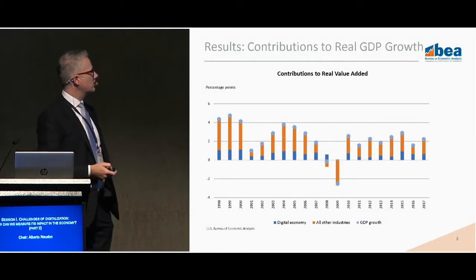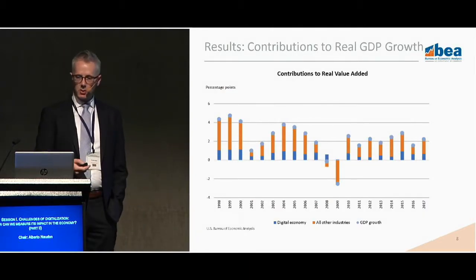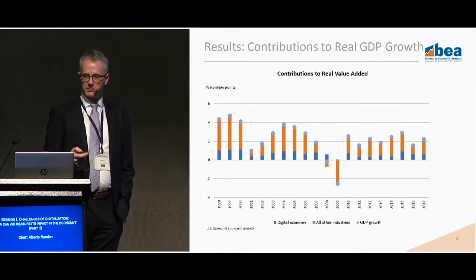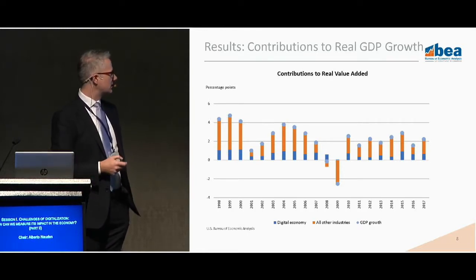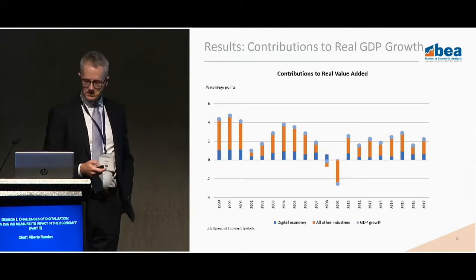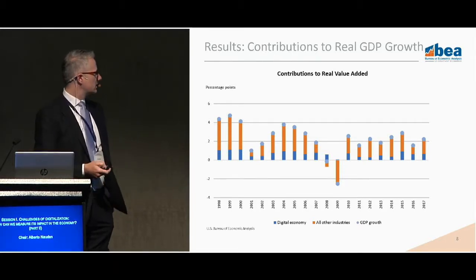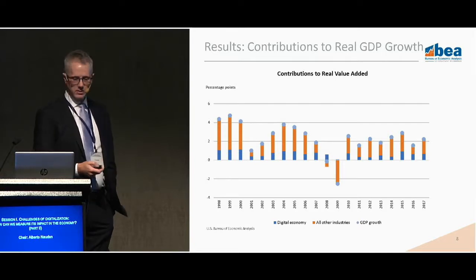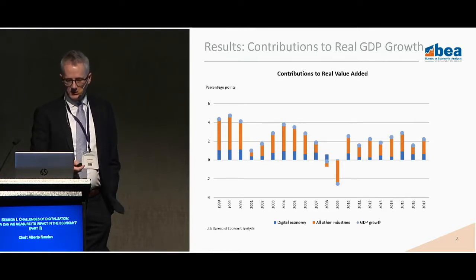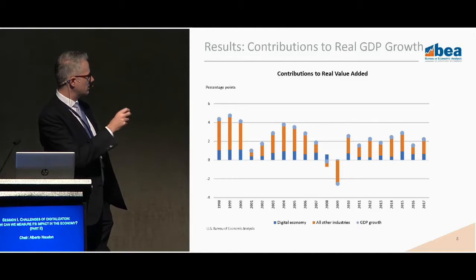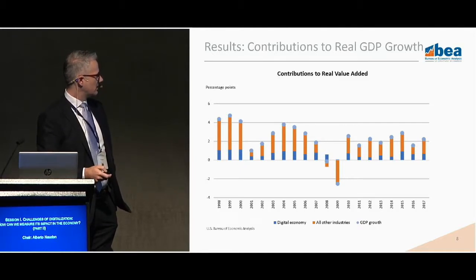And here we're looking at contributions to real GDP growth. Real GDP growth is shown in this slide as the light blue dots, and we can see here that the contributions at the beginning of the time period shown here are relatively small if we compare them to some of the more recent years.